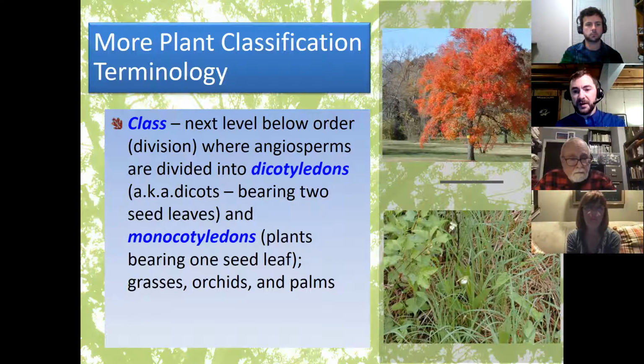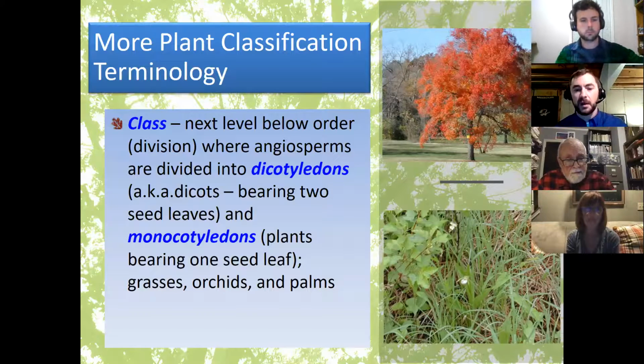Think of a young sprout of almost any tree. Think of if you ever germinated an acorn or a seed in a cup or in a small container, and it comes up with two leaves, usually two or multiples of two. You'll have those first two leaves, those seed leaves. That is a dicotyledon. And the most common monocot that is dealt with in the tree realm is palms.